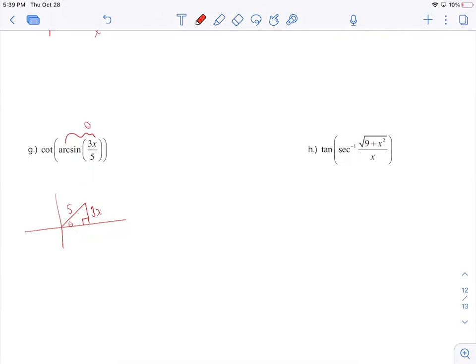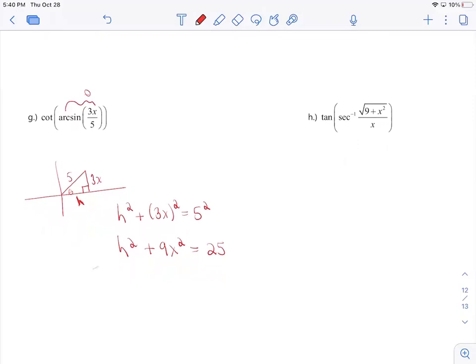I'm just going to use a good old h, randomly choosing an h. Okay, so if I set this up, it's h squared plus the other side squared equals 5 squared. All right, h squared plus 9x squared equals 25.